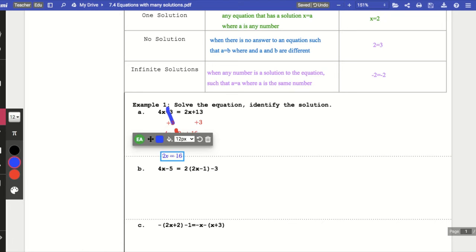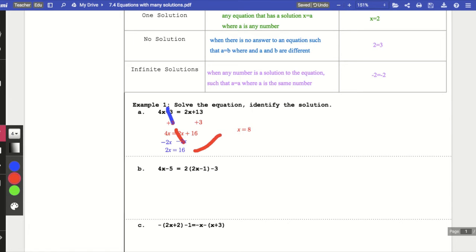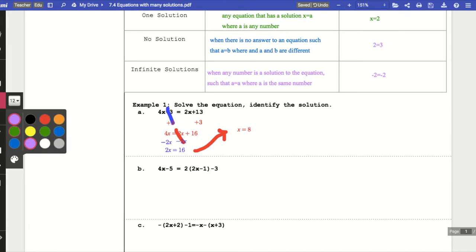And then we're in our last step. Remember, our last step is to divide because we're going to get rid of that 2. When I divide both sides by 2, I end up with my solution: x is equal to 8, because 16 divided by 2 is 8. Now, this also has the additional criteria that we identify the solution.